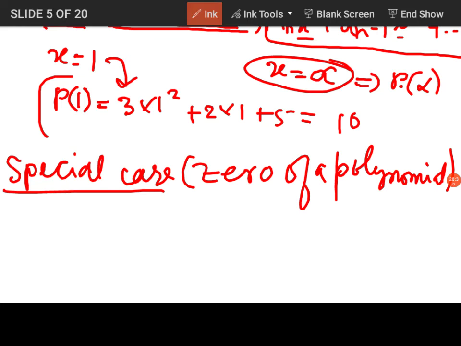Now what is this? Again, p of x is a polynomial. Let me define it as x squared plus 2x plus 1, or similar. Okay, so now what is the zero of this polynomial, or what is the zero of a polynomial?